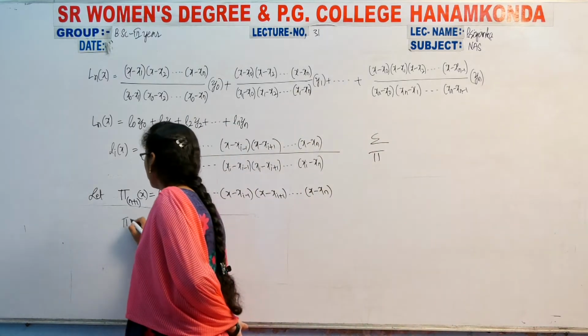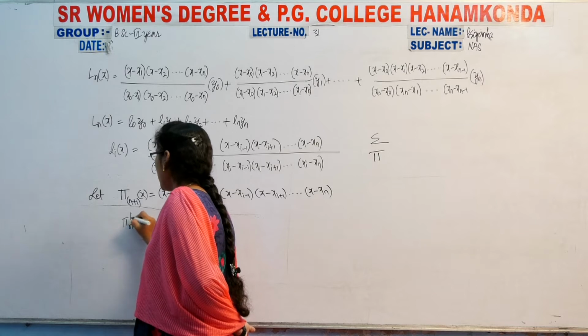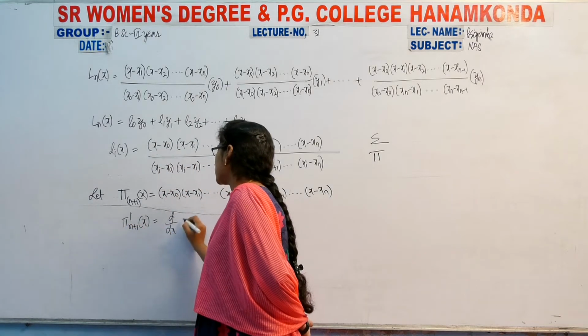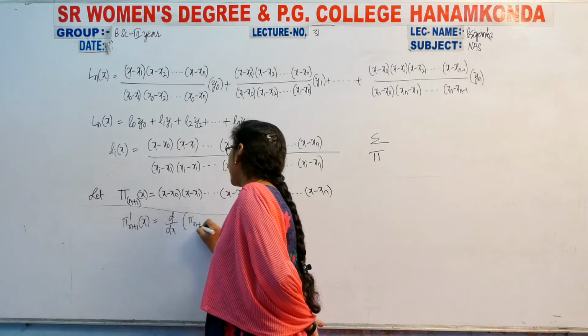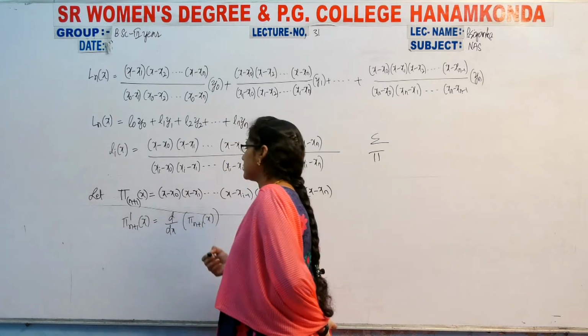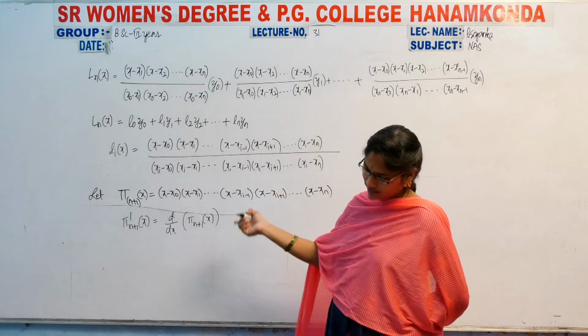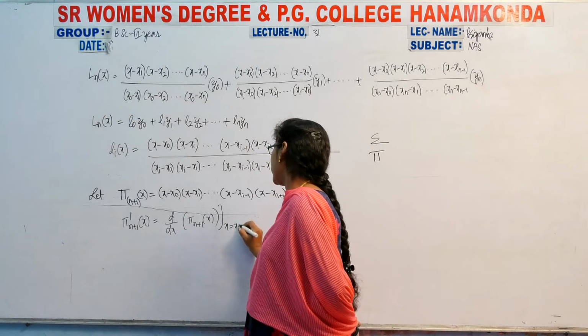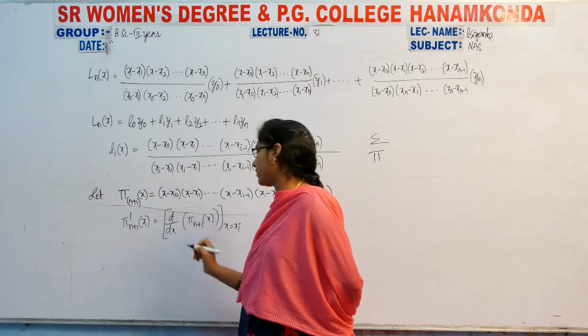Similarly, I am going to take the derivative of this, that means d by dx of pi n plus 1 of x. When you take the derivative at x is equal to xi, you have to mention it. This is a very important one.